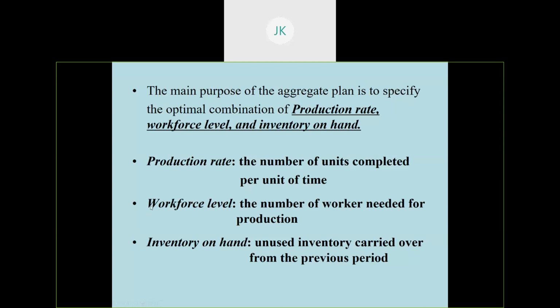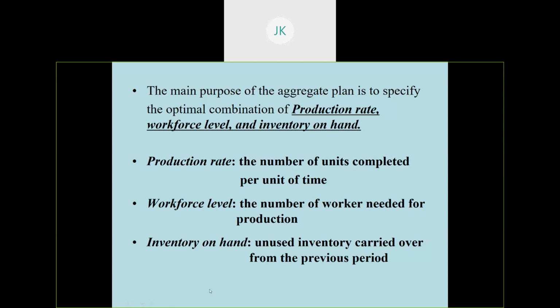And then workforce level, the number of workers needed for production. So it's like the available labor hours. If we have 10 workers and they work 8 hours per day, then they have 80 hours available.